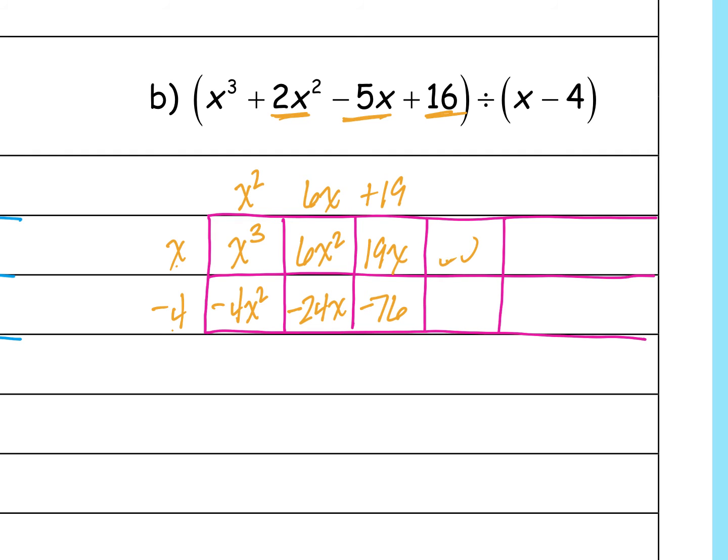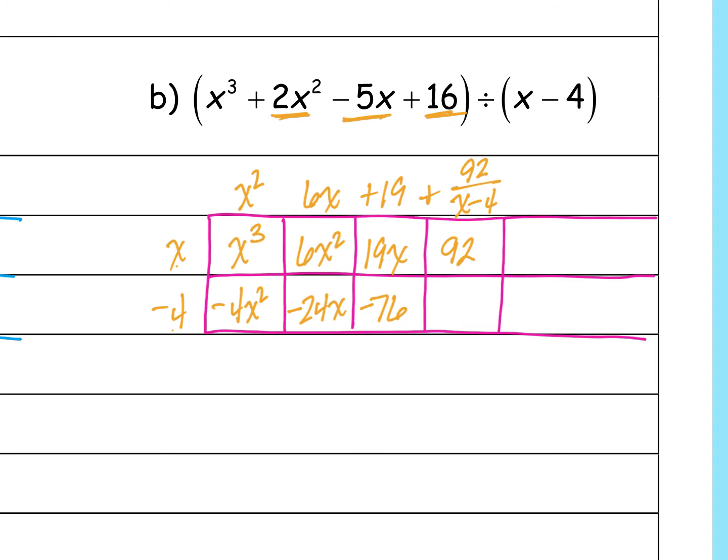Let's see. 76. Let me get out my calculator again. 92. 92 is going to be our answer. So plus 92 over x minus 4.